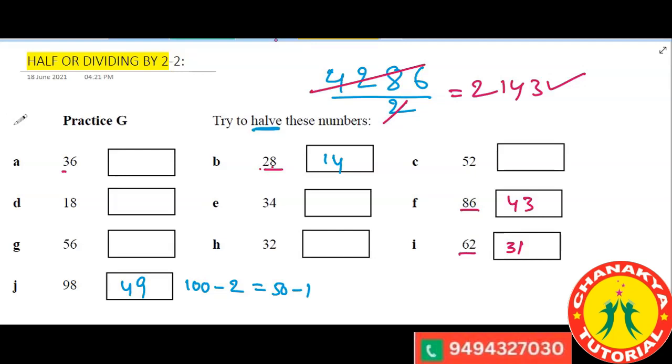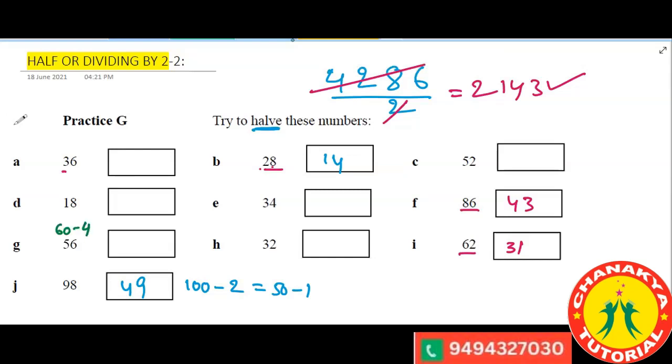Okay, whose turn? Manasvi completed. Jitendra completed. No, sir. Which question? G, sir. G, 56. Okay. Sir, we can write it as 60 minus 4. Yes, so here, instead of writing 50 plus 6, it is better to write 60 minus 4.